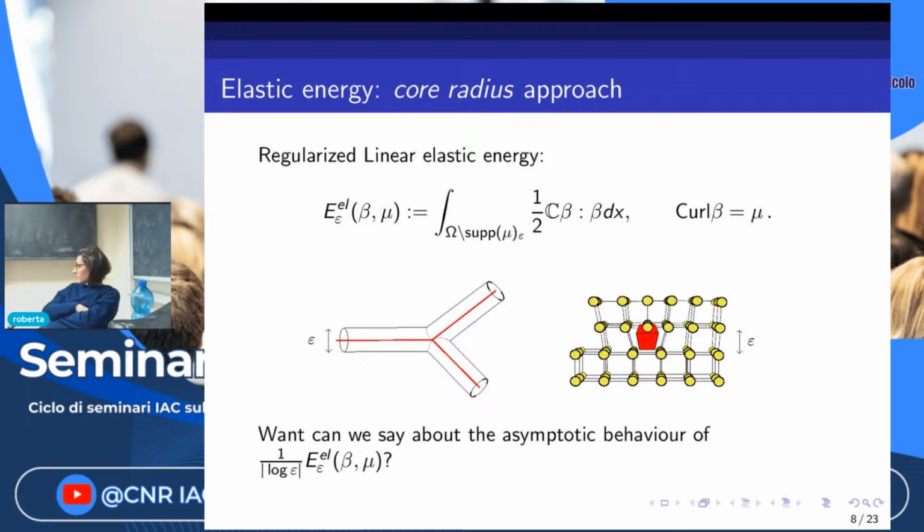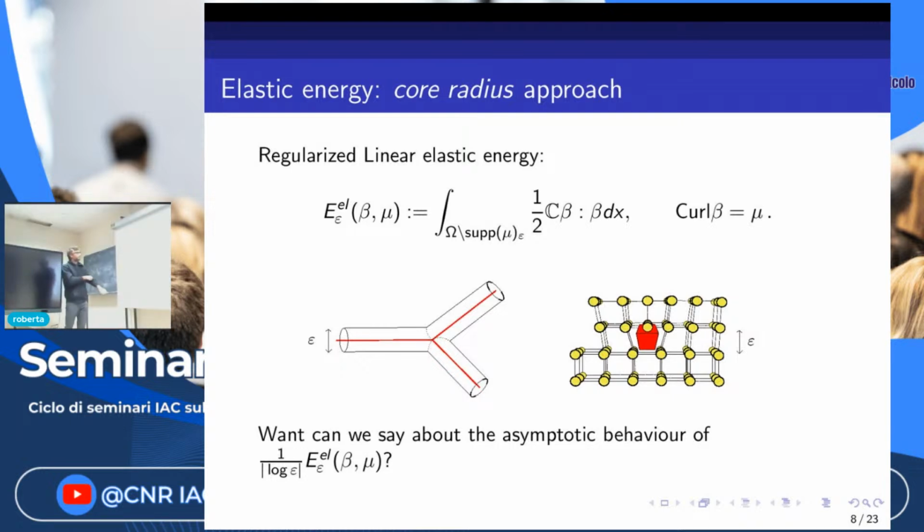So, a quick resume of what we have done. Basically, what I've described so far is what is called the core-radius approach, which tries to compute the elastic energy density by eliminating a tubular neighborhood around the dislocation line.